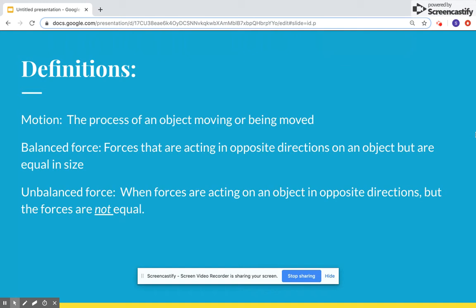So if they're equal in size, this will tell us that the object's either going to stay at rest or stay in motion toward the same direction. An unbalanced force, that is when forces are acting on an object in opposite directions, but the forces are not equal. This is going to cause a shift in motion, or if it's at rest, it'll cause it to move.